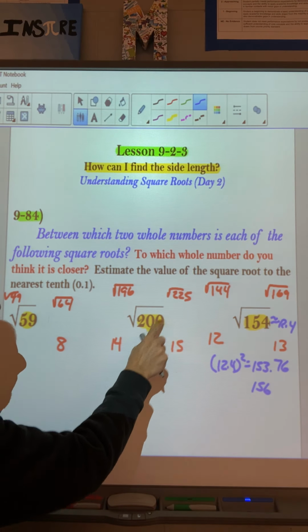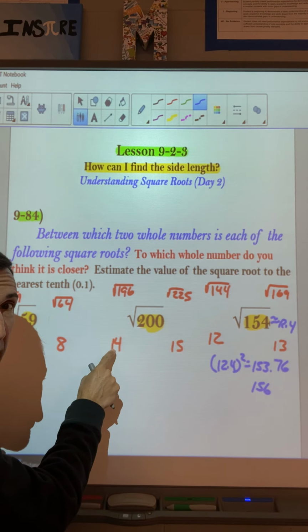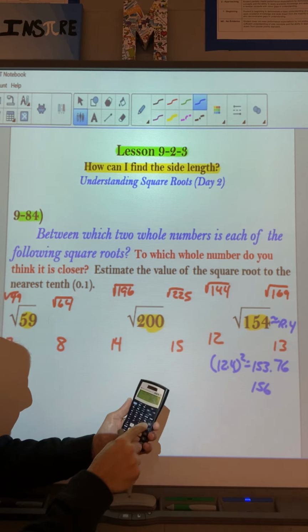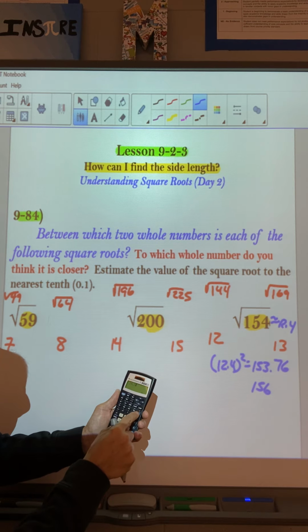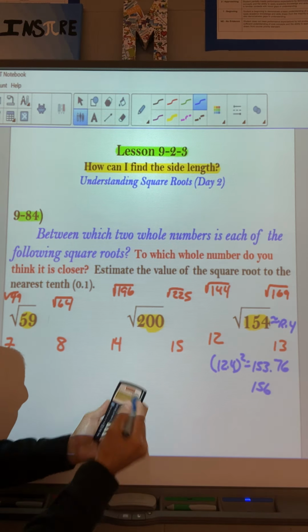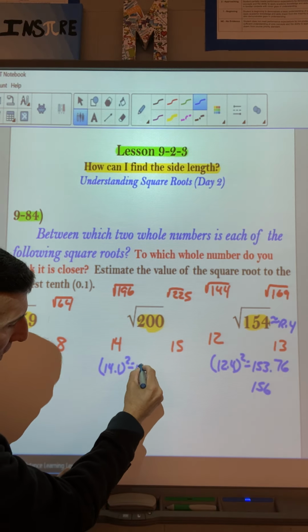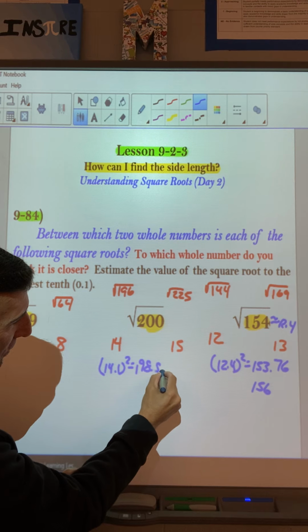Here, 200 is 25 away from there. It's 4 away from the other, so it's got to be something really close to this 14. So let's try that. 14.1 times 14.1 equals 198.81.